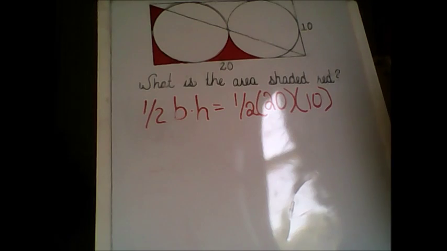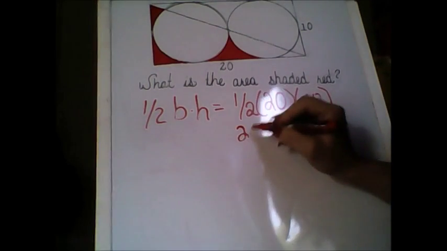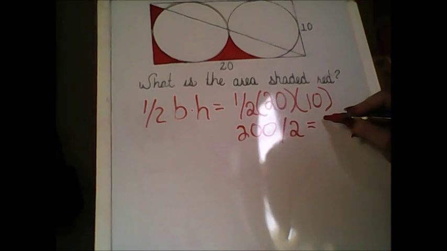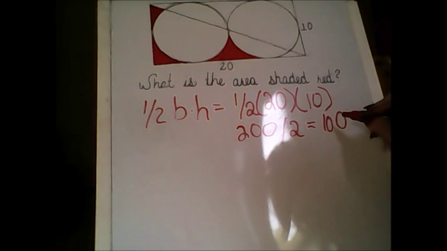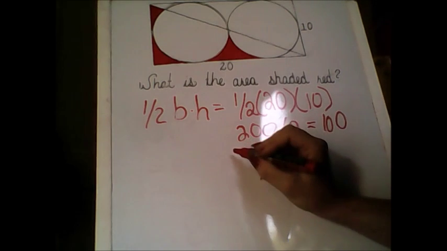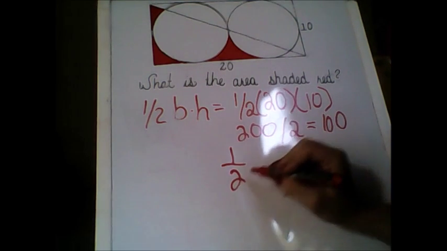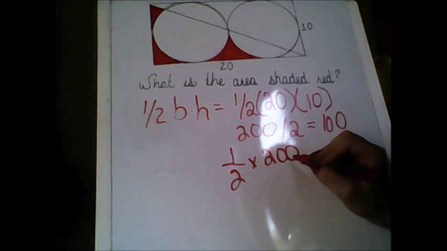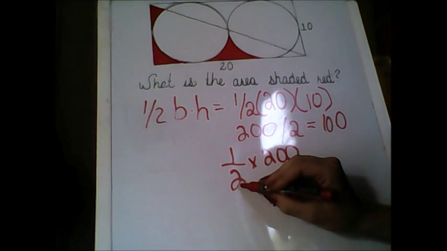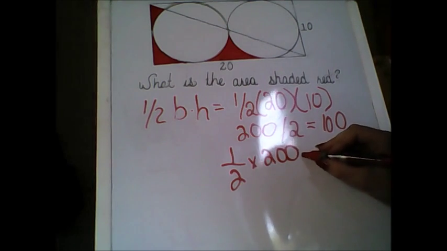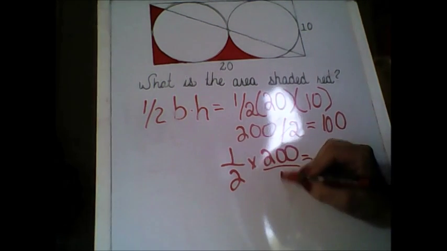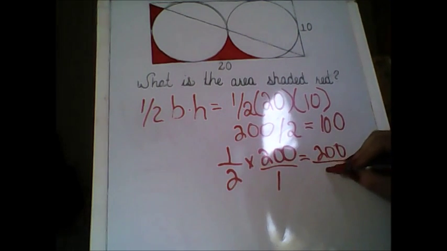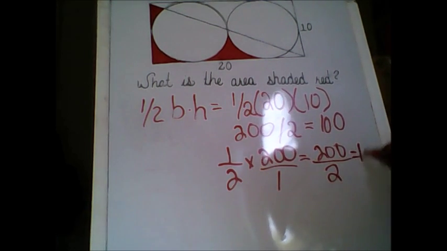So that would be 200 divided by 2, which equals 100, which of course is because 1/2 times 200. If you multiply by a fraction with a denominator, it actually divides, because 200 is over 1. Okay, so 200 divided by 2 equals 100.